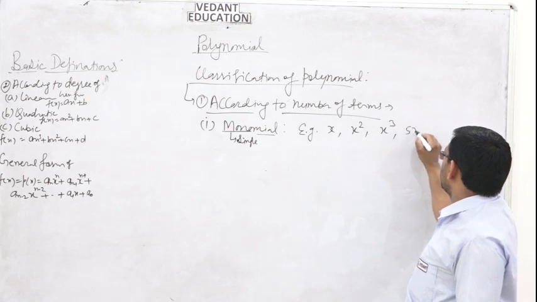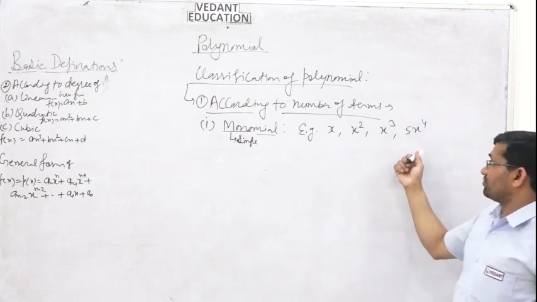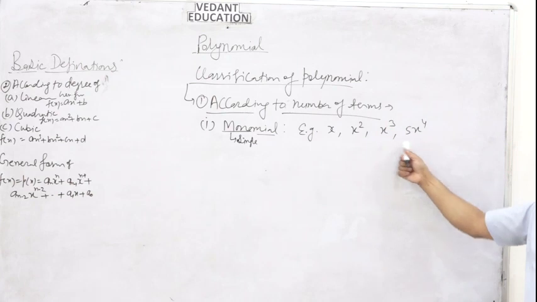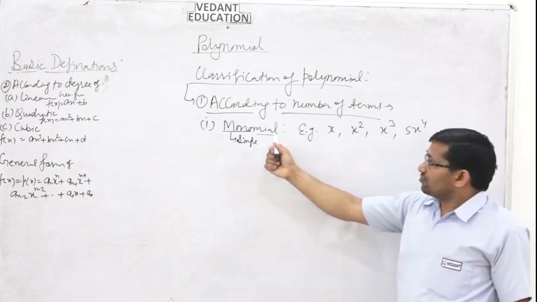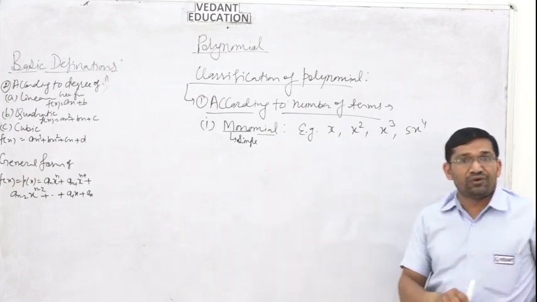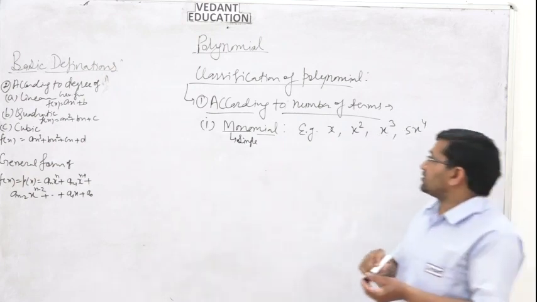Other example: 5x power 4. This is also a monomial because all have a single term. These all are examples of monomial. So the polynomial which has only one term is known as a monomial.